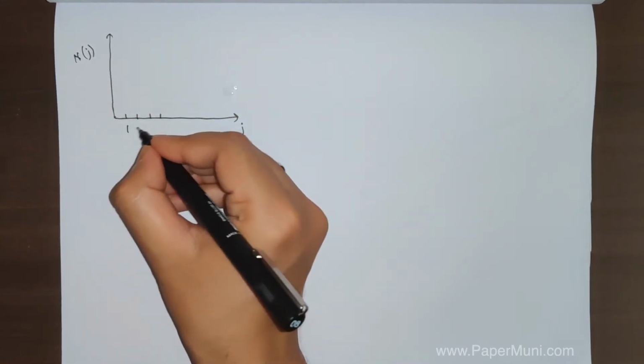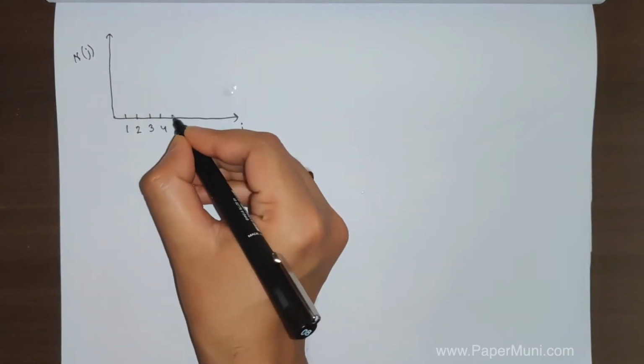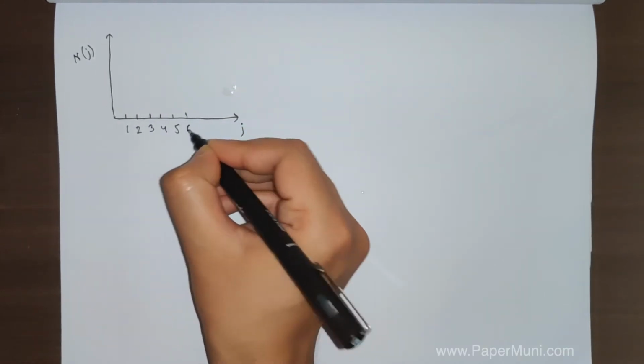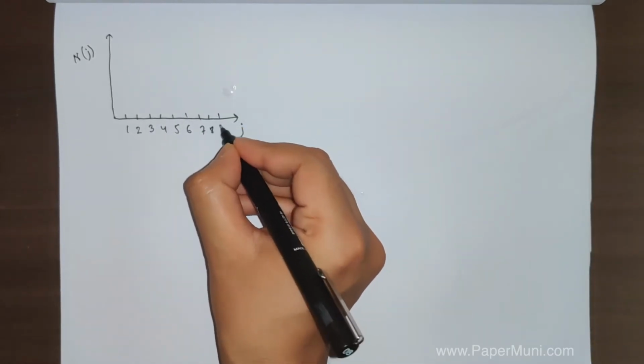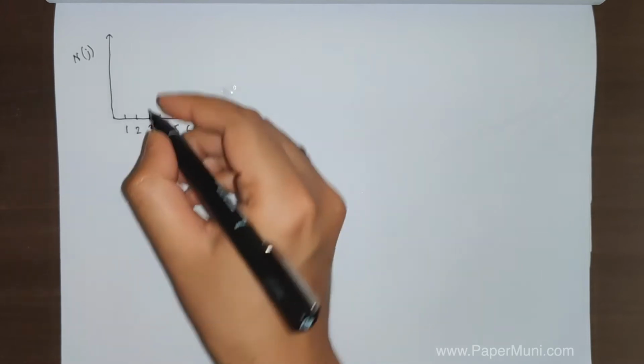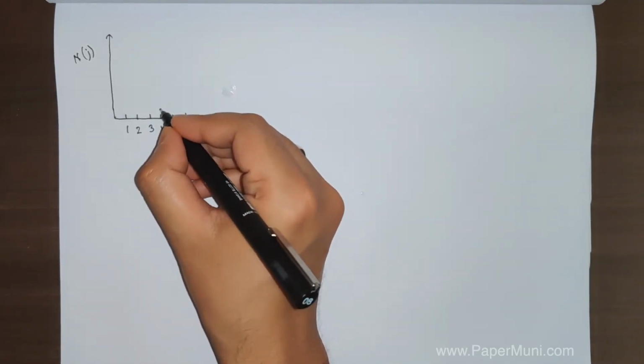So this is 1, this is 2, this is 3, this is 4, next 5, 6, 7, 8, 9, 10. The data looks like this.